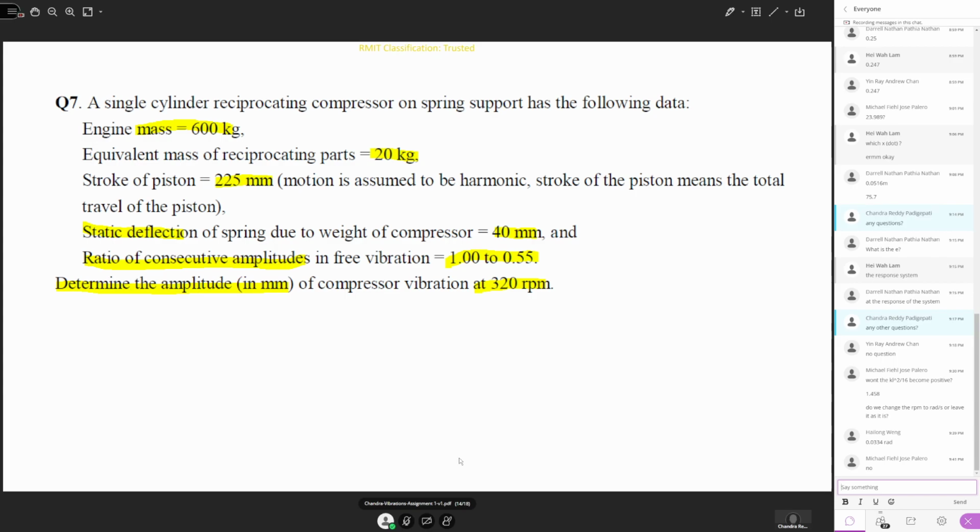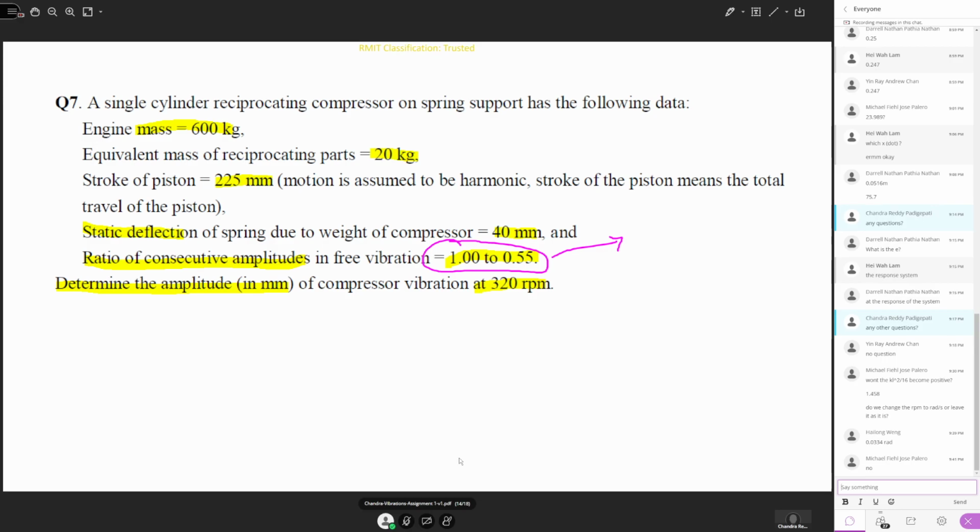The ratio of consecutive amplitudes is given as 1.00 to 0.55. Once we have this, you can calculate the logarithmic decrement.